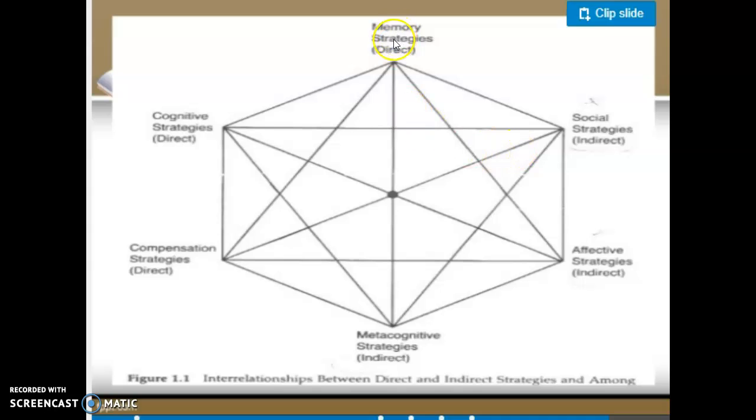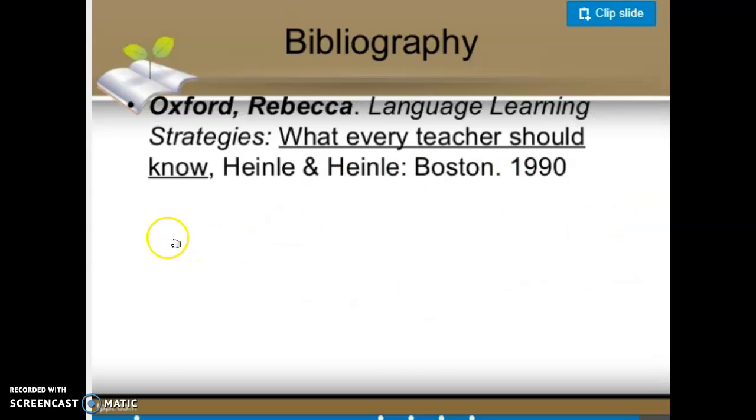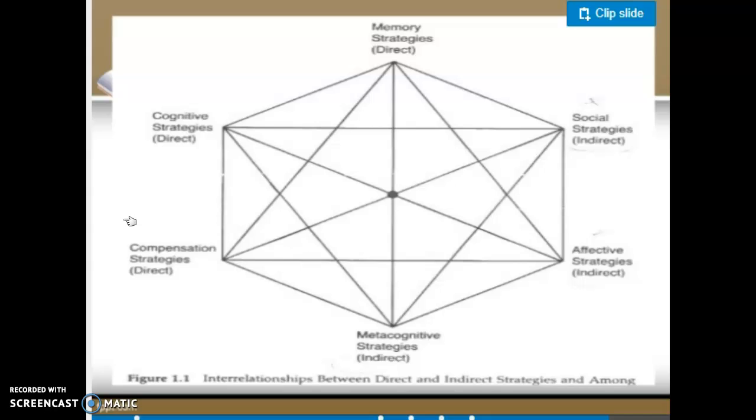You can see from direct to indirect, from memory direct to compensation, and then affective, and then from memory to the cognitive, and then social strategies. So it means that there is an interrelationship between direct and indirect strategies in second language learning strategies.